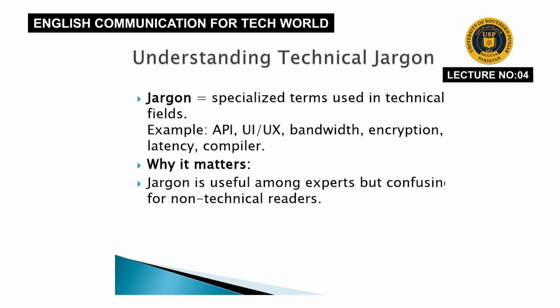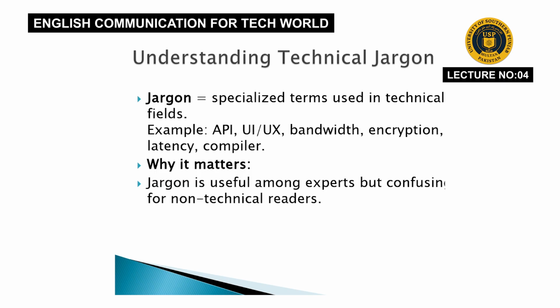Some examples of technical jargon in technology include terms like API, UI, UX, bandwidth, encryption, latency, and compiler. These terms are very common in the technical industry, but someone outside the field might not understand them immediately. This is why understanding how to manage jargon is important in technical communication.